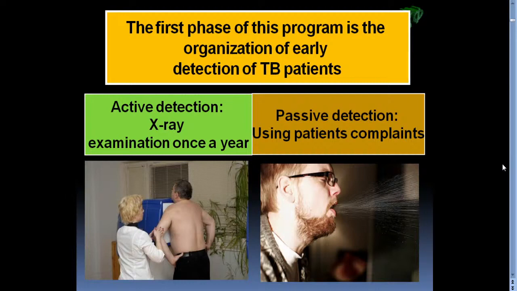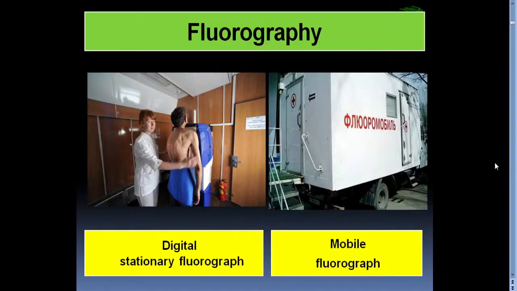And second variant of detection is passive. In this variant, we use patients' complaints. For active detection, fluorography, digital or mobile fluorograph, are used.